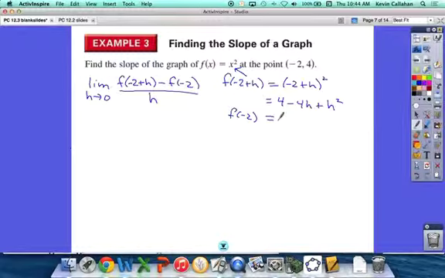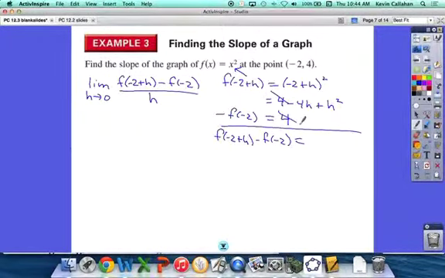Negative 2 squared, which is 4. Subtract. Again, it's canceling the only term that didn't have an h in it. If you get to that point and you're not doing that, then you did something wrong. So this is f of negative 2 plus h minus f of negative 2 equals, 4's cancel, negative 4h plus h squared.